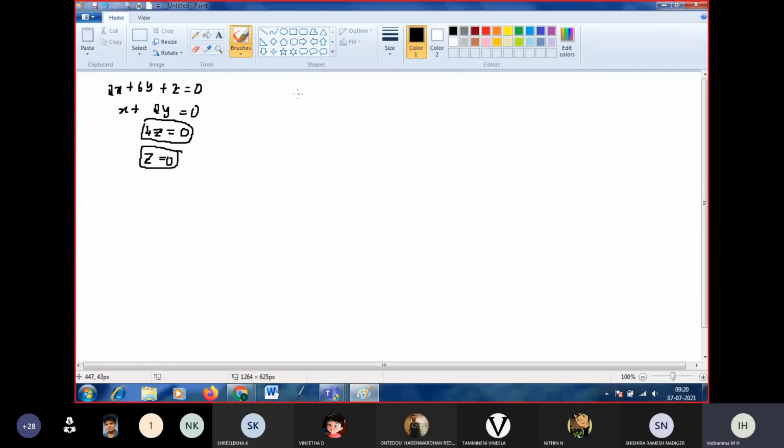Or you can use Cramer's rule. I will check by Cramer's rule. I am considering the first two equations: 2x plus 6y plus z is equal to 0, and x plus 2y plus 0z is equal to 0. I will try using Cramer's rule. It is possible to find the x, y, z values. X by the determinant is equal to minus y by the determinant is equal to z by the determinant.